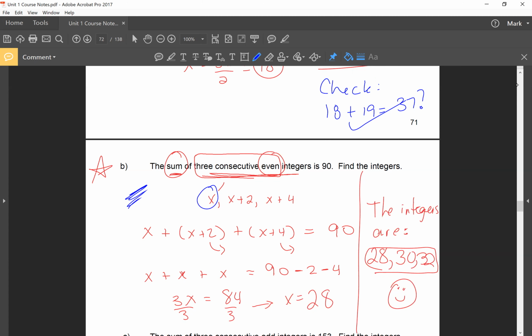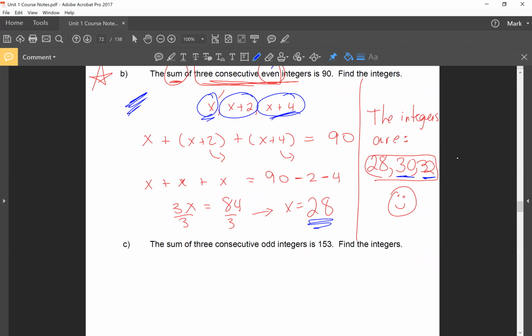The first integer is X, so it's 28. The second integer is X plus 2, 30. The third integer is X plus 4, 32. Guys, if this question said odd, you would do the exact same thing. And of course, we can check our answers. 28 plus 30 plus 32 is 90. So it does work.